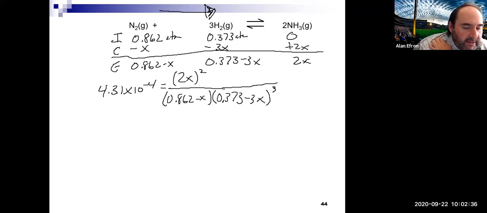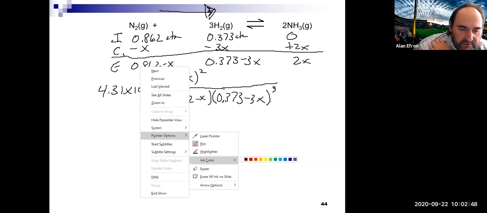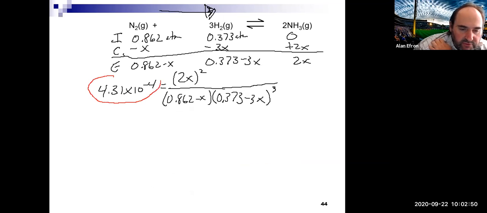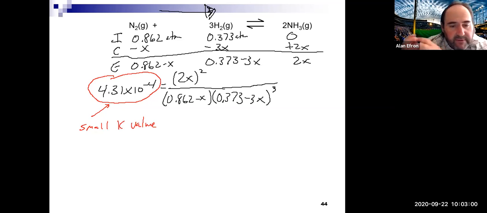So let's look at a couple of things that might help us out when we do a problem like this. First, when we look at this K value, it is a relatively small K value. Remember, anything less than 1 is relatively small.